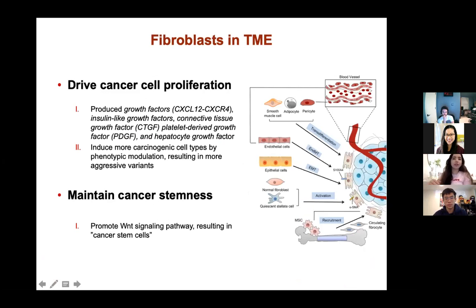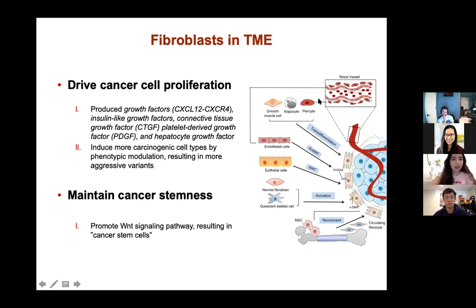So more specifically, if we want to look at the role of fibroblasts in the tumor microenvironment, this is a brief overview of everything that they're involved in. They drive a lot of the cancer cell proliferation by producing different growth factors.